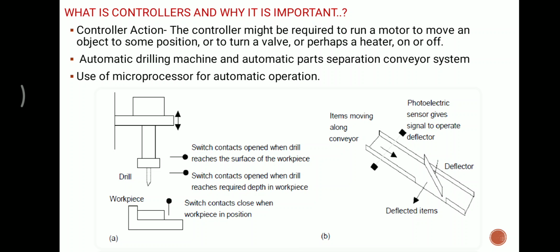If you talk about mechanical objects, just like an automatic drilling machine, here you can see there is a drill located above the workpiece. The controlling action is placing that tool exactly above the workpiece where we are going to perform the drilling operation, placing the workpiece on the table, and positioning that table exactly with respect to the drilling.